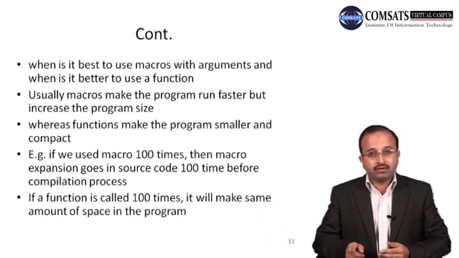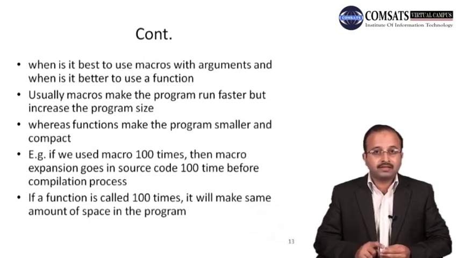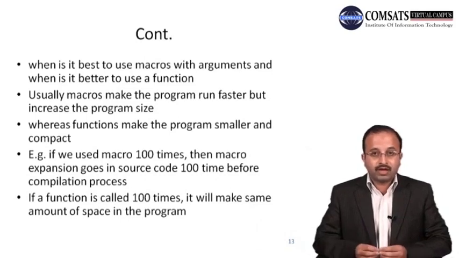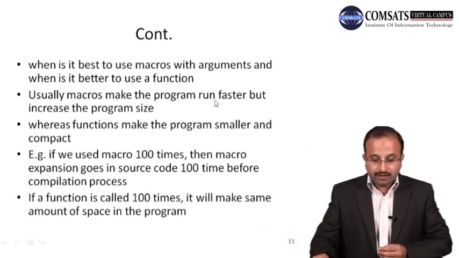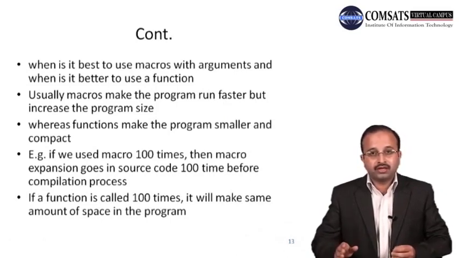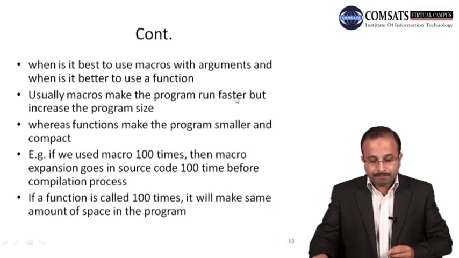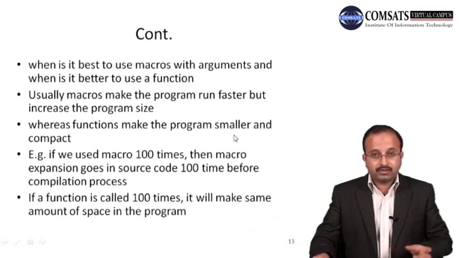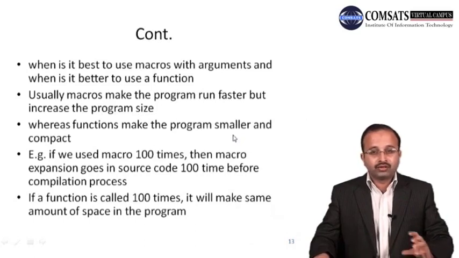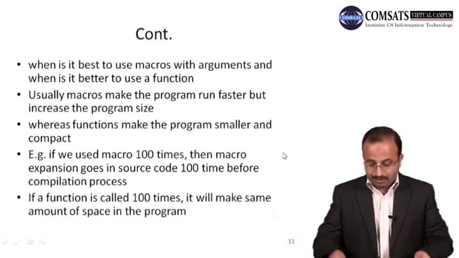So ये जो control transfer होगा और control transfer back होगा, that will take some time. ठीक है, that's why जो macros हैं वो program को faster बना देते हैं. फास्टर क्यों बनाते हैं? बिकॉज इसमें फंक्शन कॉल नहीं होता, कंट्रोल को कहीं ट्रांसफर होने की जरूरत नहीं है. It will execute all the statements sequentially. ठीक है, but the program size increases. So फंक्शन जो है वो प्रोग्राम साइज को स्मॉल ही रखता है, कॉम्पैक्ट रखता है, बिकॉज अगर फंक्शन 100 दफ़ा भी कॉल होगा उसकी डेफिनेशन एक ही दफ़ा लिखी जाएगी, राइट.